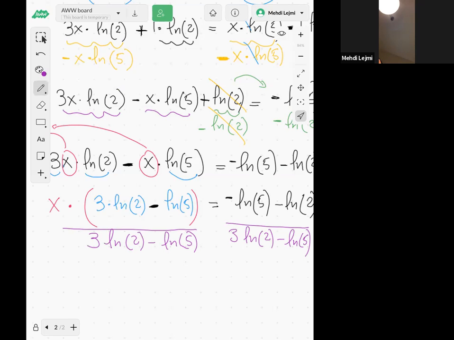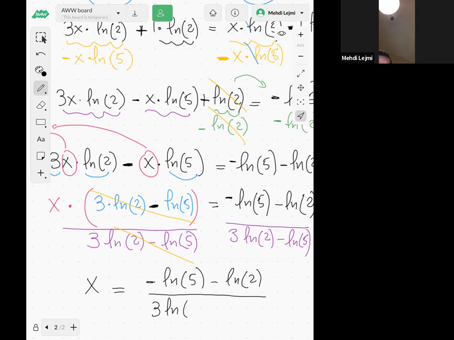And because we divide, top and bottom we have the same thing, so it cancels out. So it's just x on the left equal to minus natural log of 5 minus natural log of 2, over 3 natural log of 2 minus natural log of 5. And that'll be a fine answer.